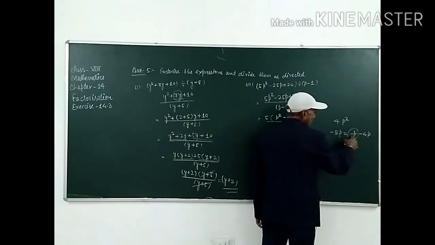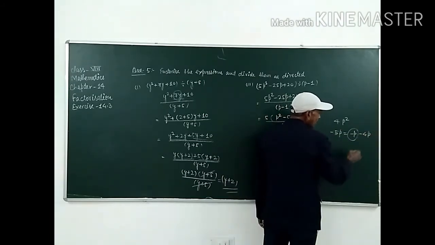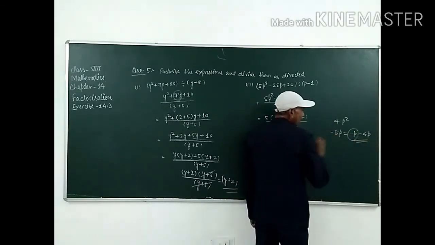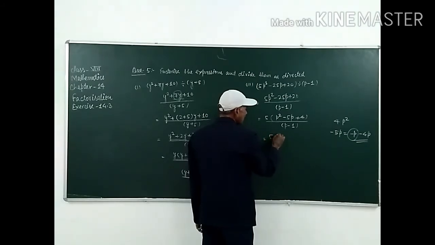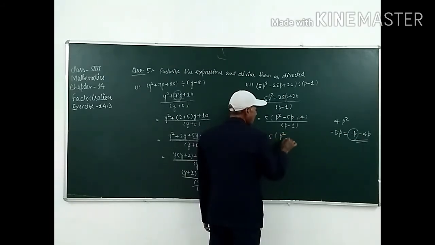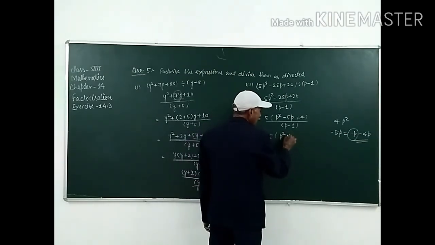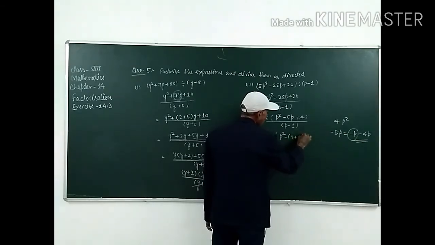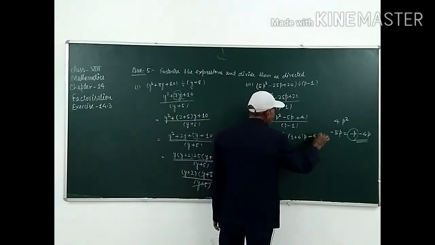Student, this one is minus 1p, minus p plus minus 4p, that will be minus 5p. So, in the next step we have to write it like this, 5 into p square minus p, we have taken minus as common, minus 1 plus 4 into p plus 4.